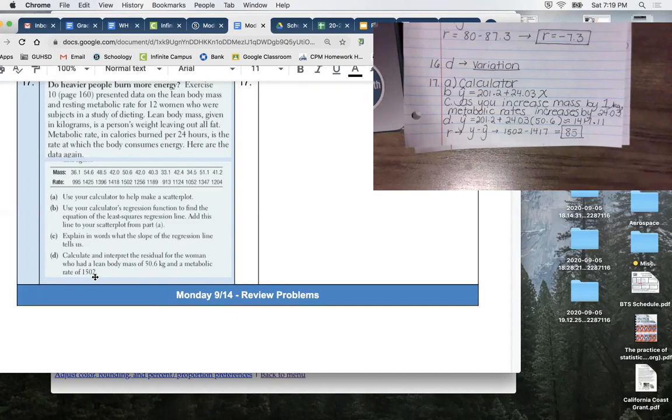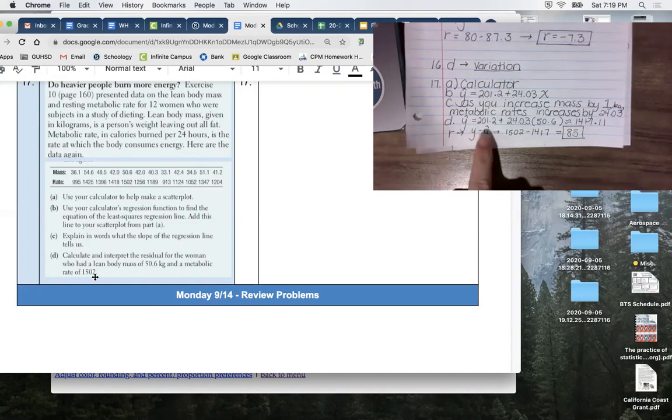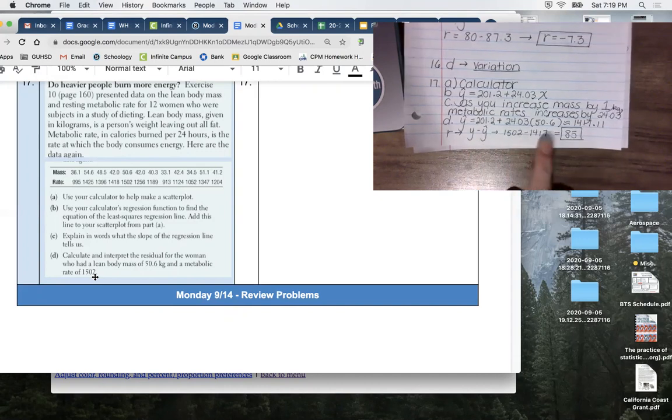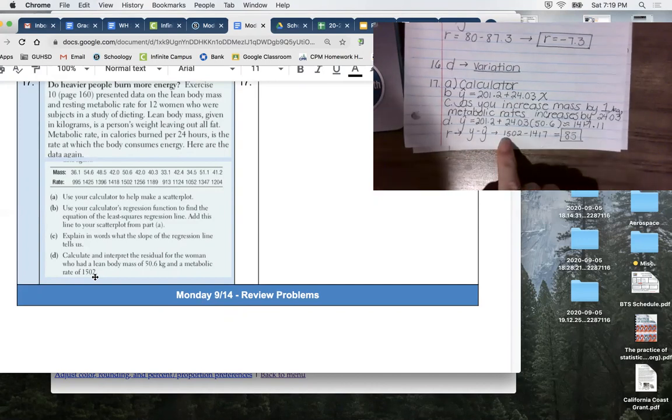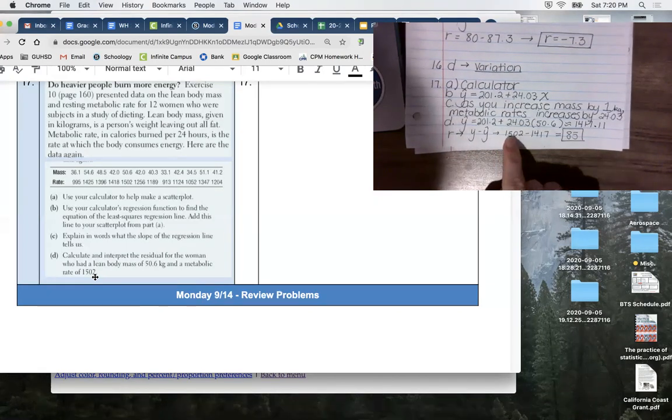Our prediction is that she would have a metabolic rate of 1417. So what I did then is I took my y, my actual value, minus my predicted. That's what a residual is, my actual minus my predicted, and we were off by 85. Her metabolic rate was 85 more than we predicted for her.